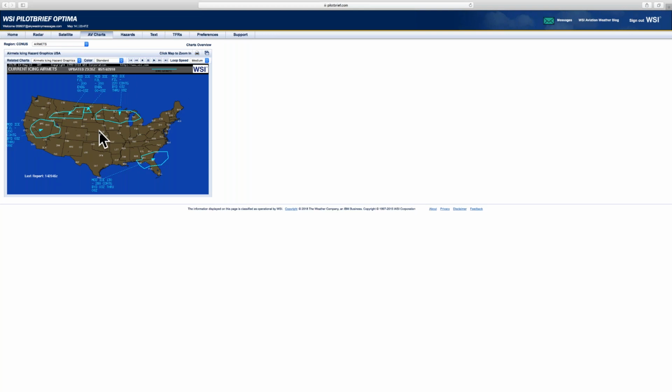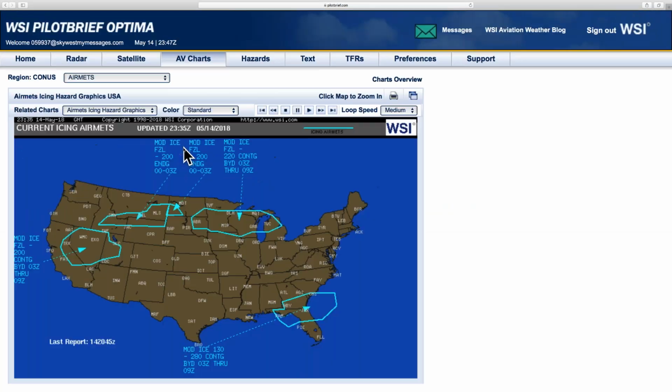This is talking about moderate icing. So these are areas in the country. Look how big it blocks out. And think about our major hubs and where they're located. This is a fairly big problem.